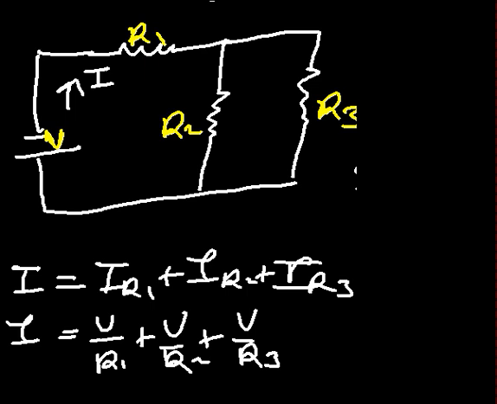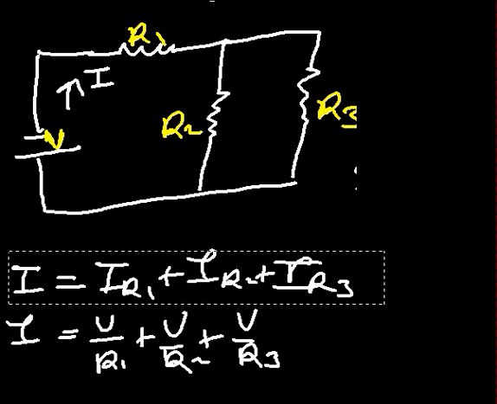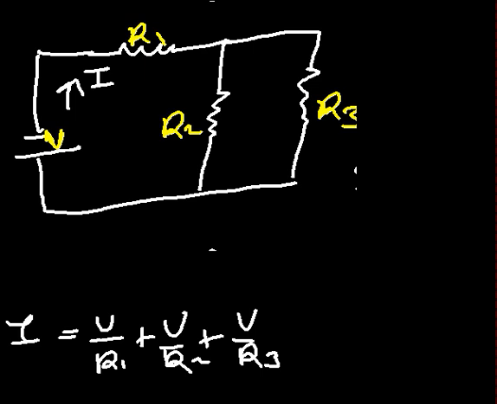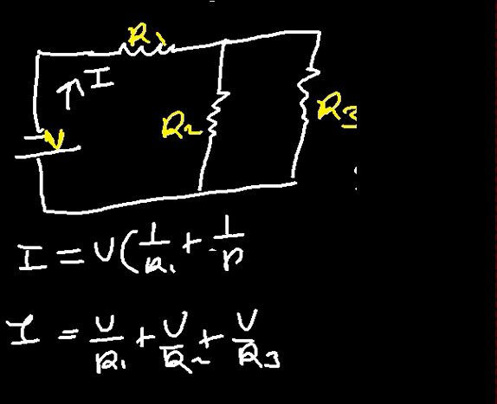So in this case, the total current is equal to the voltage from the battery times 1 over R1 plus 1 over R2 plus 1 over R3.